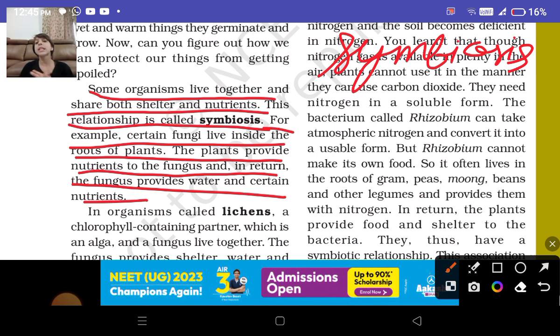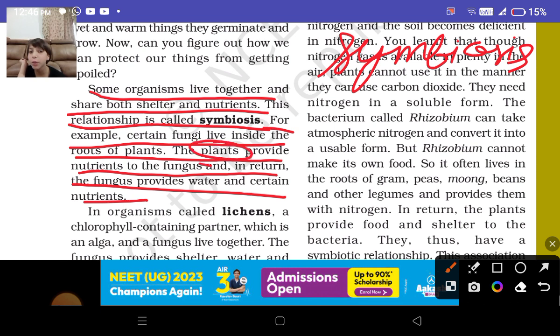Symbiosis is a relationship. In this relationship, there are two organisms. One organism lives inside the roots of a plant, and this organism takes food and water from the plant, and in return it gives some nutrients to the plant.